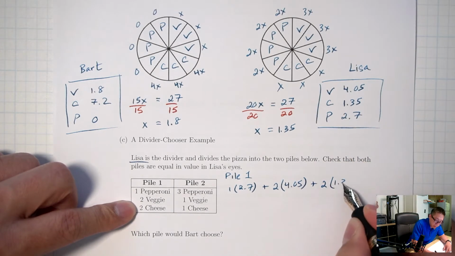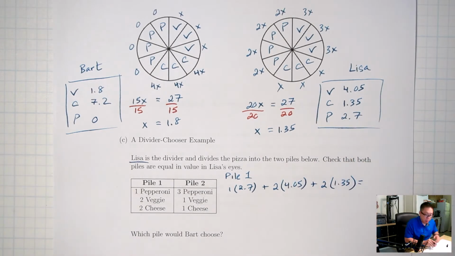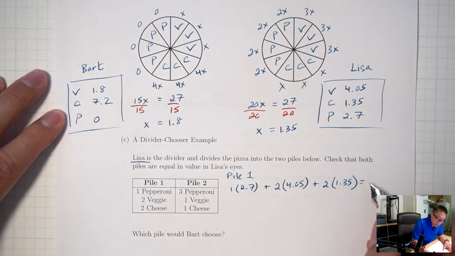And let's check this. 1 times 2.7 plus 2 times 4.05 plus 2 times 1.35. 13.5.